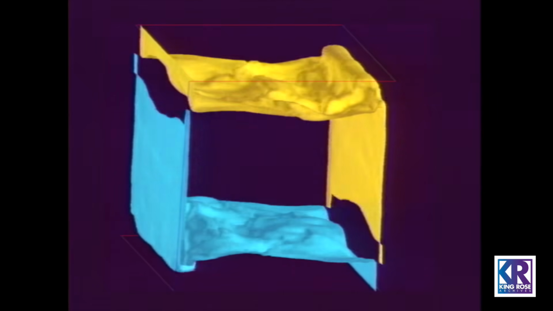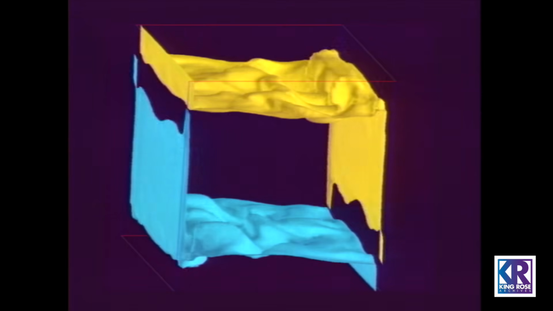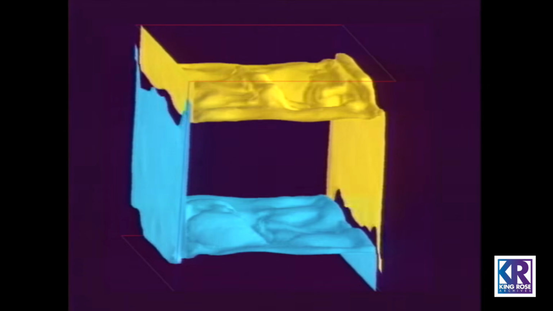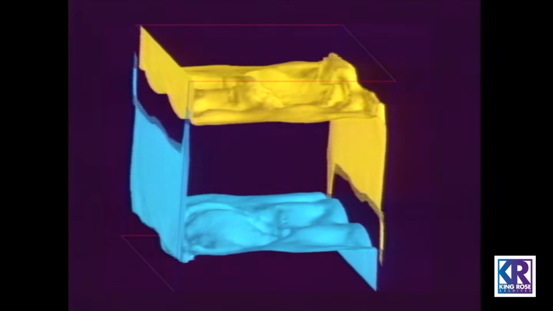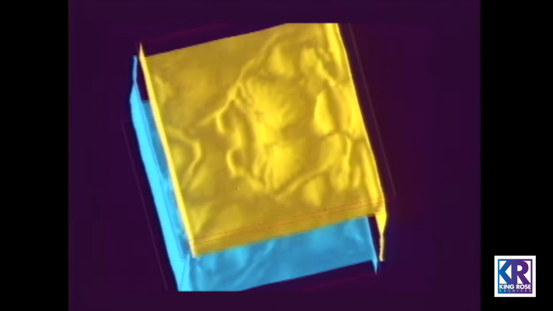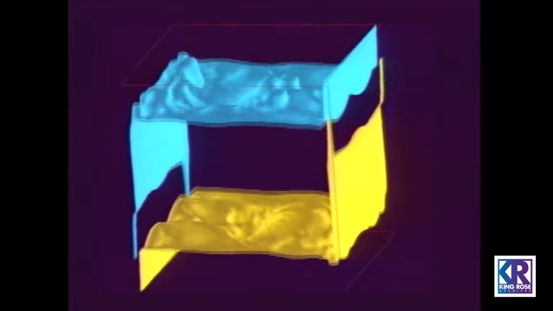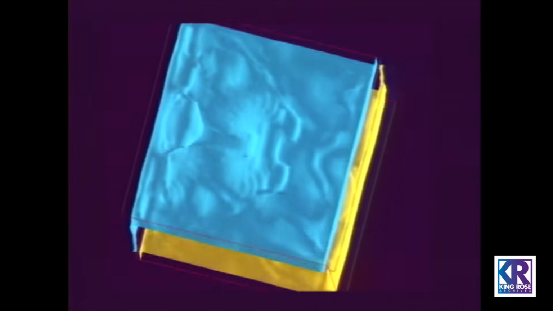Buoyancy forces give rise to a three-dimensional natural convection, which is displayed as the movement of two surfaces of constant temperature in the fluid. Only 64 processors of the N-cube 2 are needed to run this simulation at about the same speed as a conventional vector supercomputer.